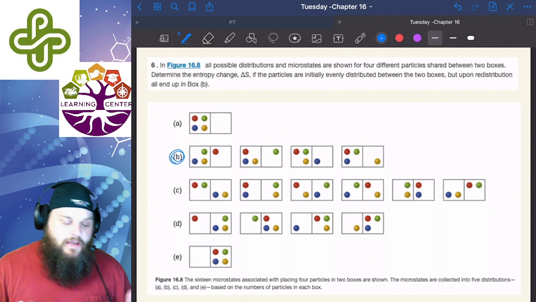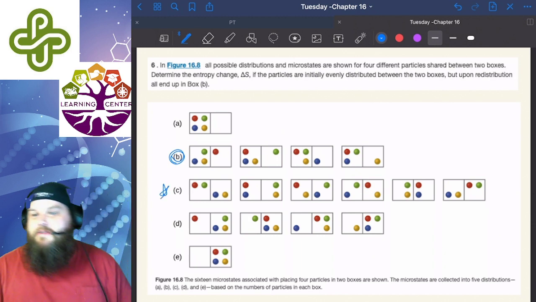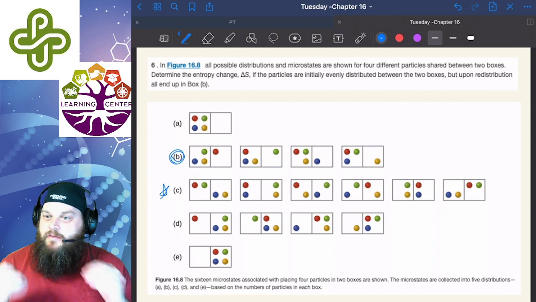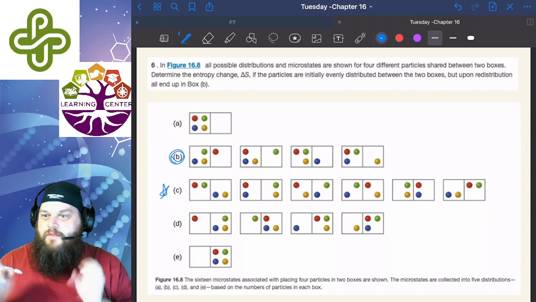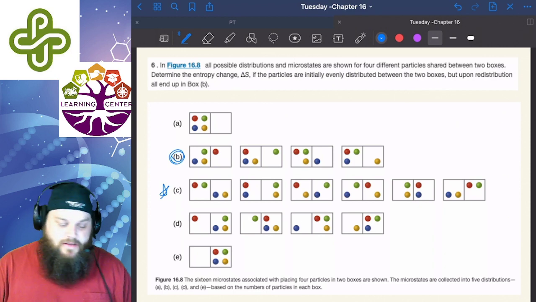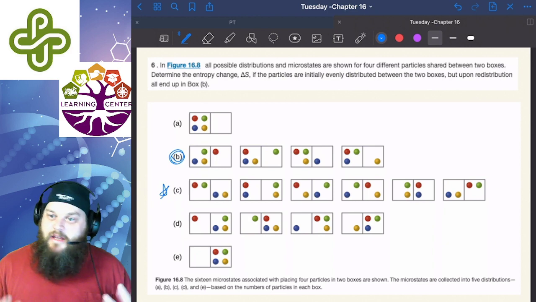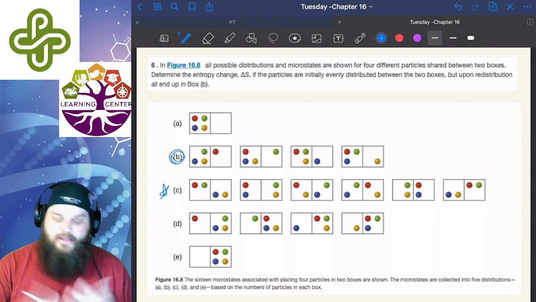So if they're evenly distributed, it's basically going to look like part C right there, where we have 2 particles in each box, and these are all the different configurations or positions that those particles could be in. Each of these parts A, B, C, D, and E is basically a macrostate. And each macrostate contains several microstates.